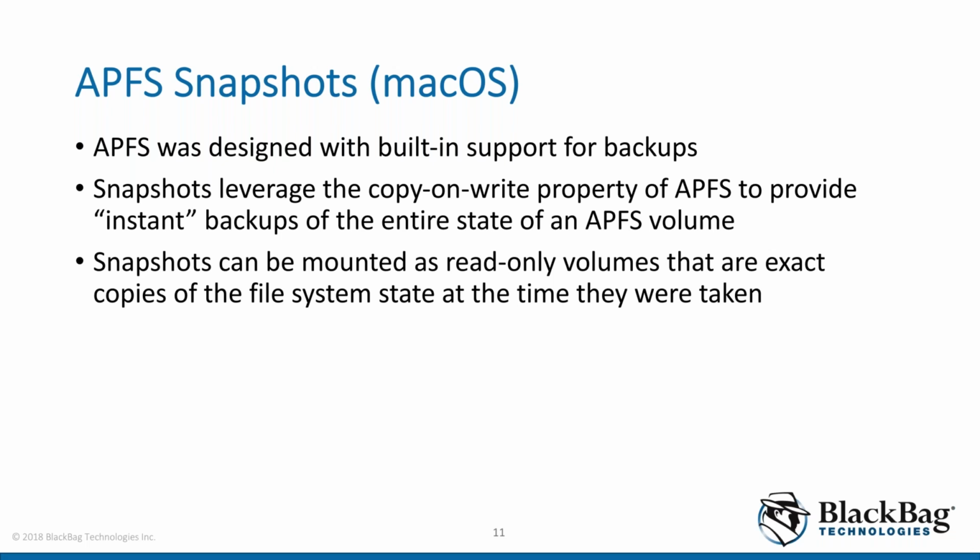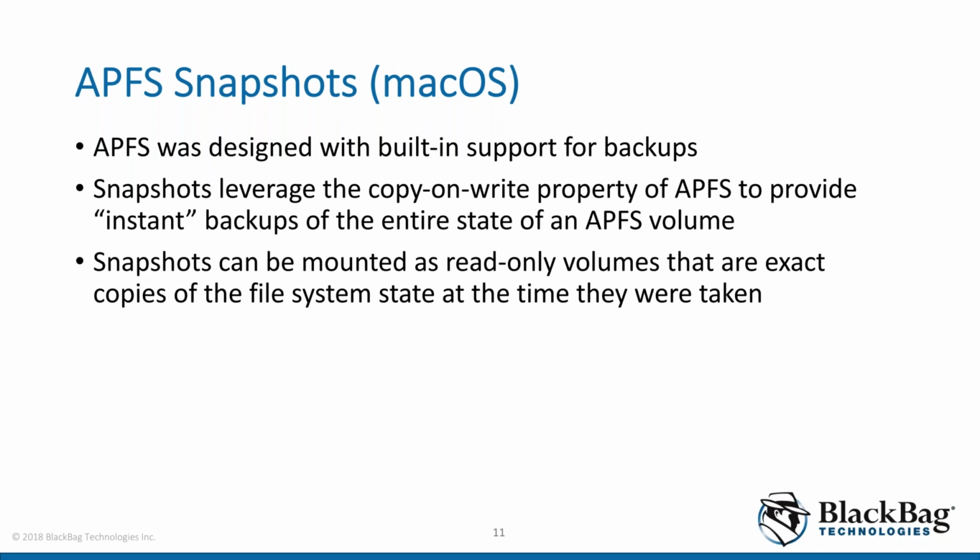So the snapshots are actually very easy to implement in APFS, because APFS, as we talked about in our last presentation, is a copy-on-write file system, meaning anytime that you change an object in the file system, rather than actually changing the object itself on the disk, another object will be created, and then all other objects are just going to point to this new object.